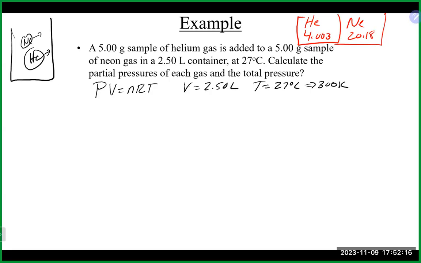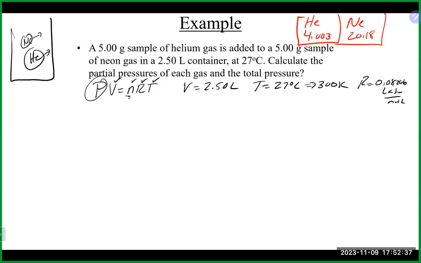We want to calculate the pressure of each of these guys. Once again, we always have R, which is our gas constant. We have the temperature, we have the volume, we always have R. So we are missing really the moles here to be able to solve for the pressure for each of these.